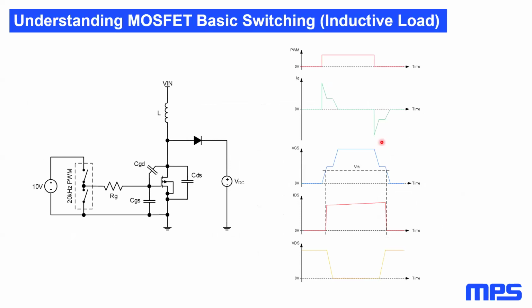Driving a MOSFET requires an understanding of the MOSFET switching waveform. When switch mode operation of the MOSFET is considered, the goal is to switch between the lowest and the highest resistance state of the device in the shortest possible time.